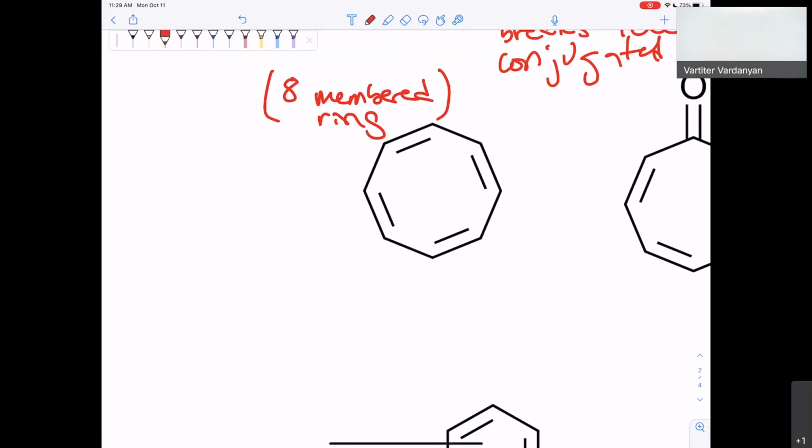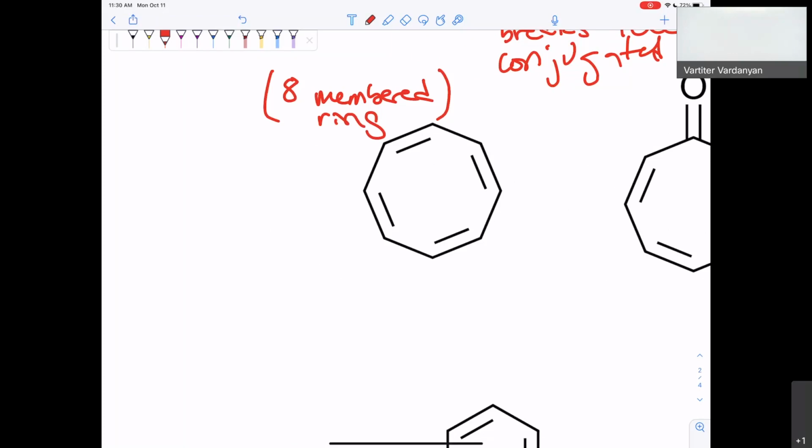And once you reach 8 members, this guy has a lot of ring strain. So the angles in these bonds are not very stable. It doesn't want to stay flat on the page. Instead, it wants to bend out of the plane and do this almost like boat structure, kind of like the chair conformations we had for cyclohexanes. So it wants to do that.